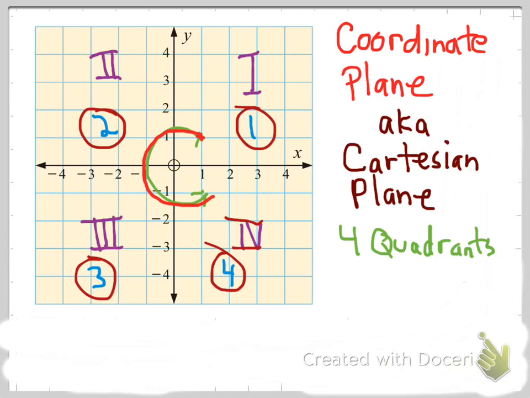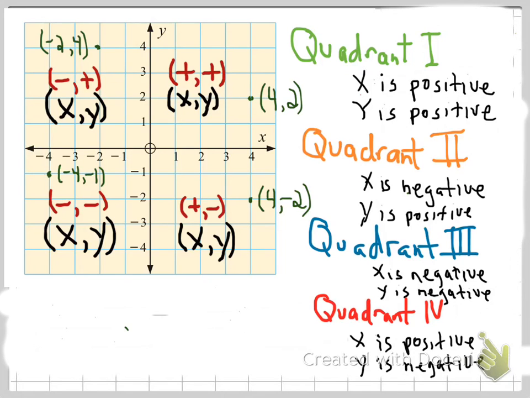So that's also the sequence of the 4 quadrants, or you could think about it as counterclockwise, whatever is most helpful for you. Now here's some facts about the quadrants based on the points, the ordered pairs, the coordinates that will be in each.